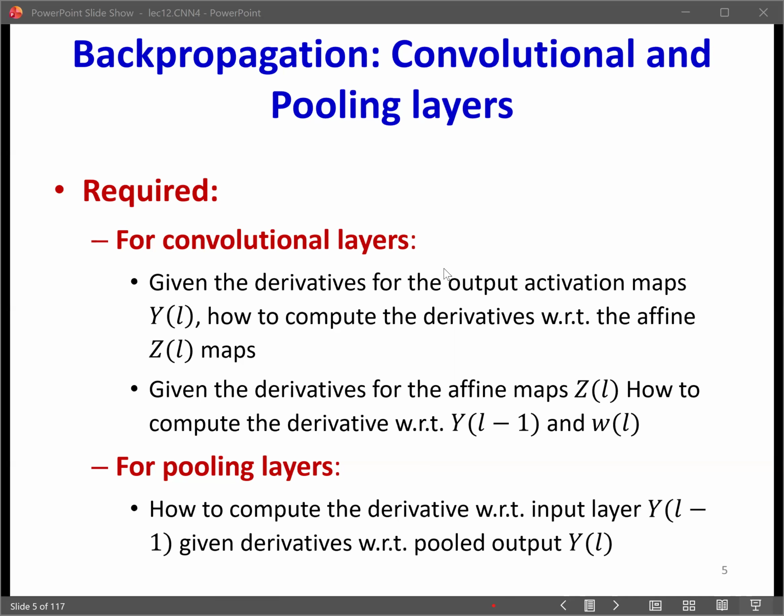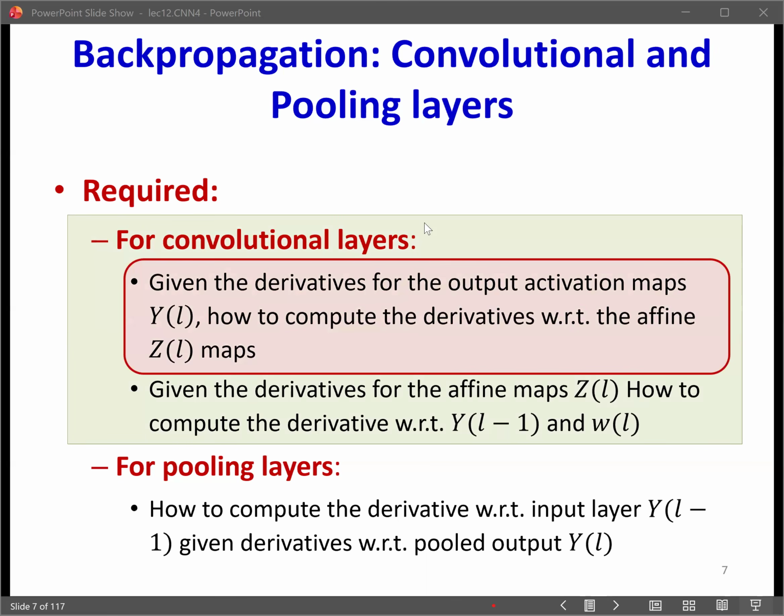Subsequently, we had to figure out how to compute the derivatives for the output of the previous layer from which these affine maps were computed, and also for the filters that were used to compute these maps. For the pooling layers, given the derivatives with respect to the output of the pooling layer, we had to figure out how to compute the derivative with respect to the input of the layer.